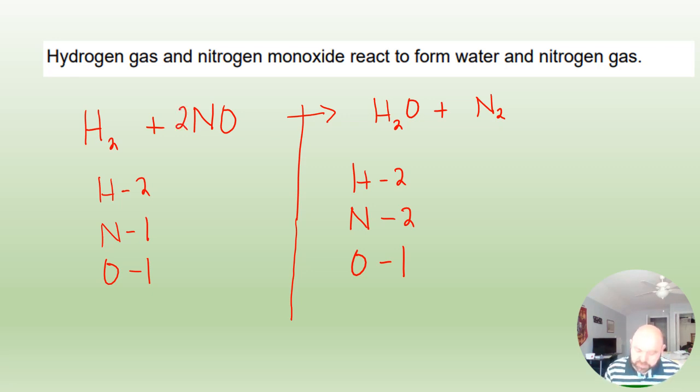If I balance the nitrogen here, that will give me 2 nitrogens, but will also give me 2 oxygens. That means I will need a 2 here in order to give me 2 oxygens, but it also gives me 4 hydrogens. I can balance that by putting a 2 here to give me 4 hydrogens, and that gives me the balanced form of this equation: 2 hydrogen molecules plus 2 nitrogen monoxide molecules react to form 2 water molecules and 1 nitrogen molecule.